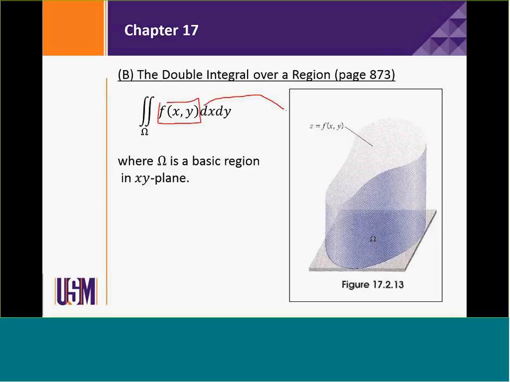The omega here will be the region. It can be an irregular shape like this. Then when you project up, and it is covered by this surface, the solid V will be this 3D solid.